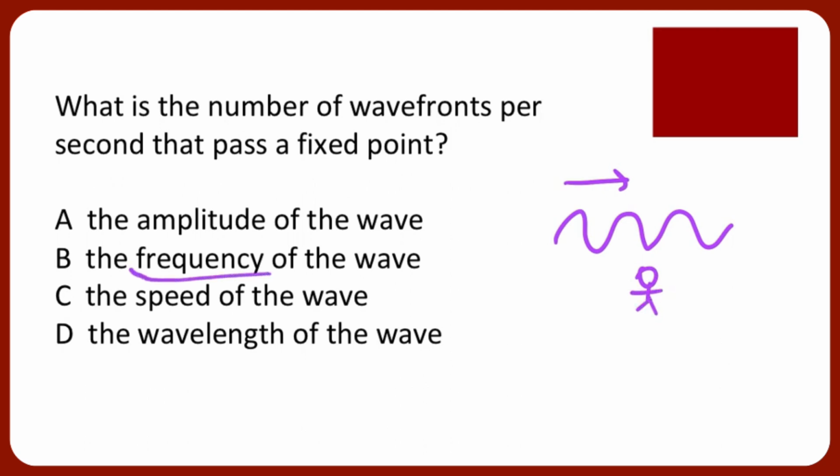Both of those are telling me about the frequency of the wave, not the speed, because that would be a distance per time, not amplitude, that would again be a distance value, and wavelength is also a distance value. This is another way to think of the frequency of a wave. How many of them pass by a fixed point per second?